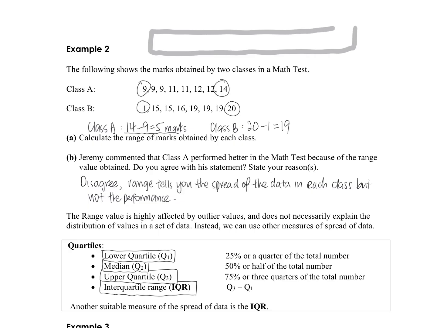Let's say this is my full set of data. Okay, this is my full data set. I don't know how many people are in the class. But I divide them into 4 quarters. So 4 quarters meaning this is my first 25%.